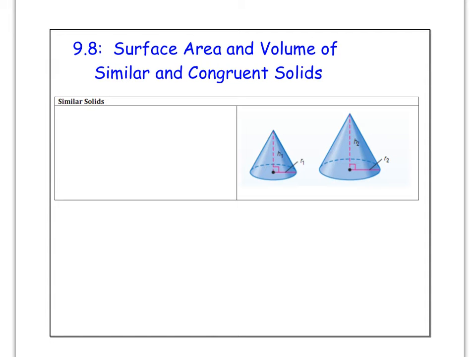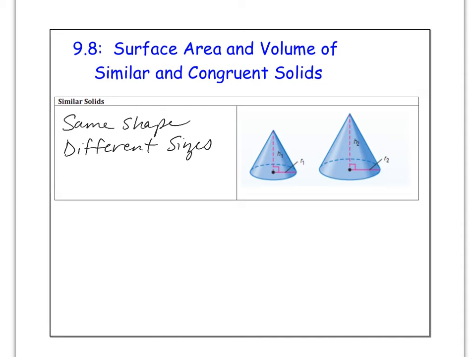And so remember, if you have two figures, like for instance here we have two cones that are similar, what does that mean? Well, it means they are the same shape, but they are different sizes. So if two objects are similar, they are the same shape, but they are different sizes.